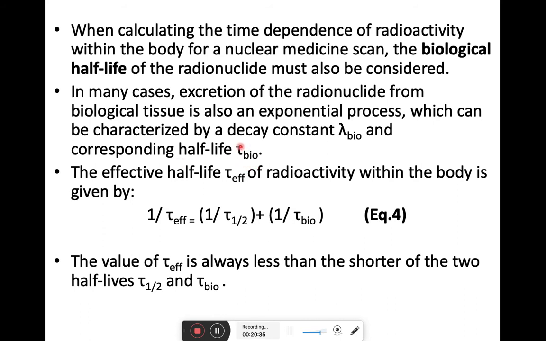The effective half-life of radioactivity within the body is given by this equation. I'm not going to focus on this equation; the key fact is that the effective half-life is always less than the shorter of the two half-lives.